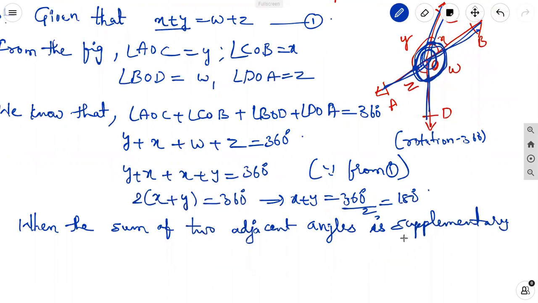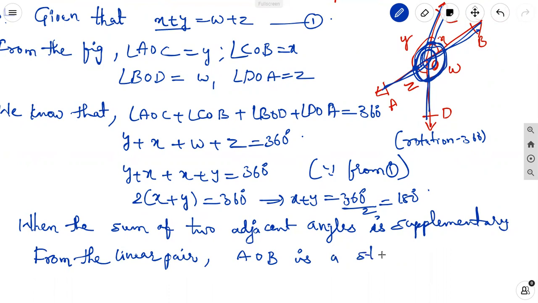And straight line means the sum of two adjacent angles is supplementary. That is nothing but the linear pair condition. So AOB is a straight line. That is the solution.